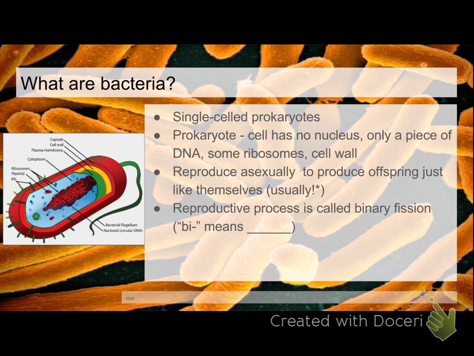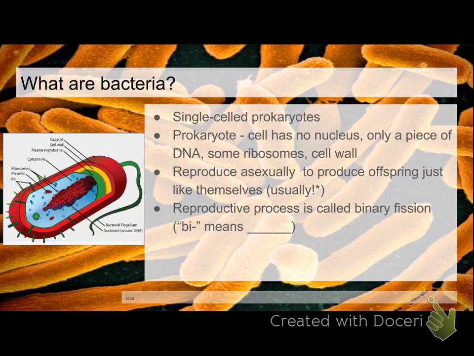They just have a piece of DNA, a cell wall, and some ribosomes. They reproduce asexually to produce offspring just like themselves, usually. And that reproductive process is called binary fission.